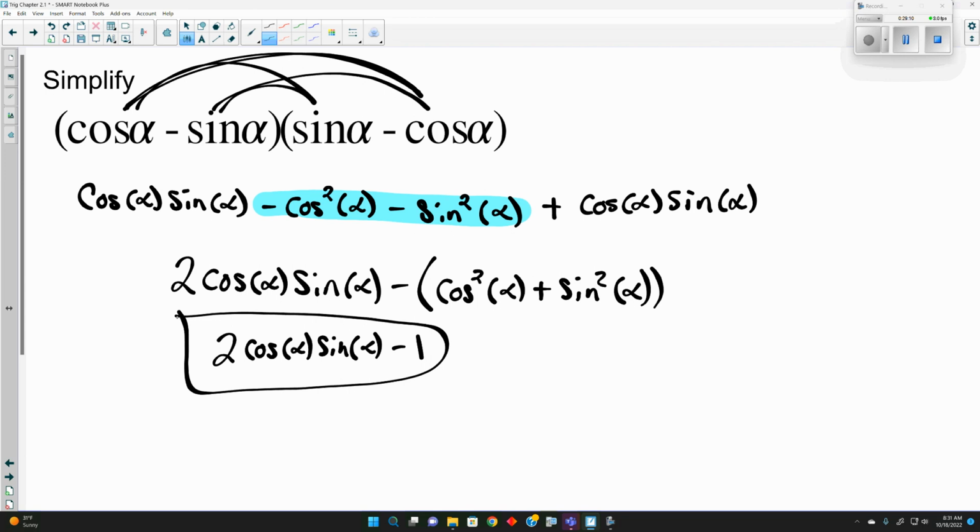If it worked out that the signs had been different, one of them positive, one of them negative, we really couldn't have used the Pythagorean identity the way we did. We could probably switch one out with the other so that cosine squared is 1 minus sine squared, and then try to simplify it that way. But here, that's our answer. Questions on this here? We ready for the next one?